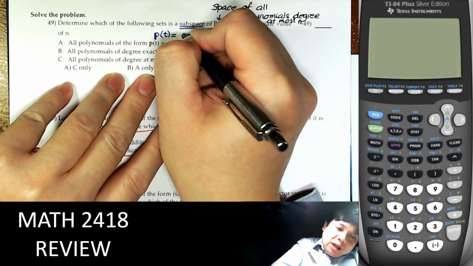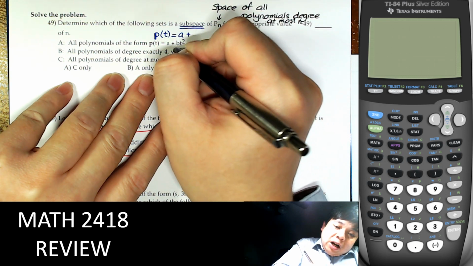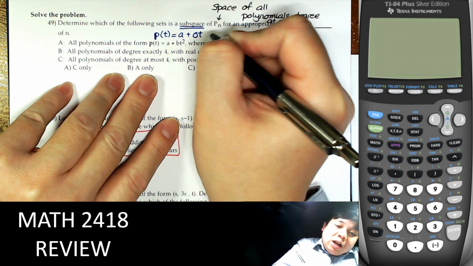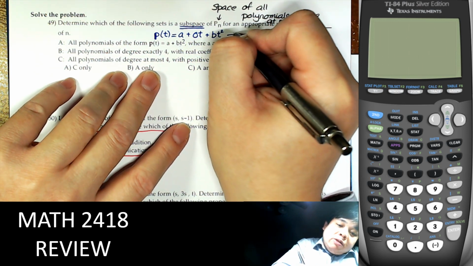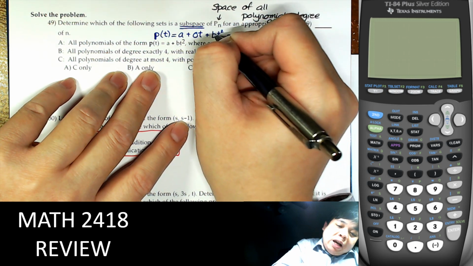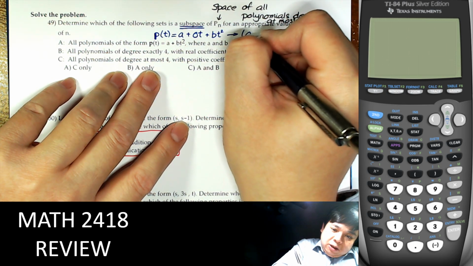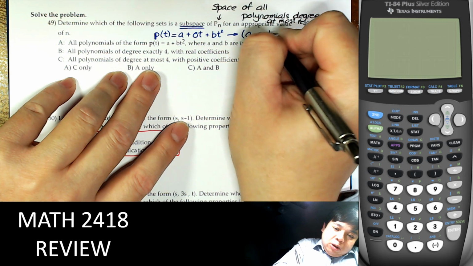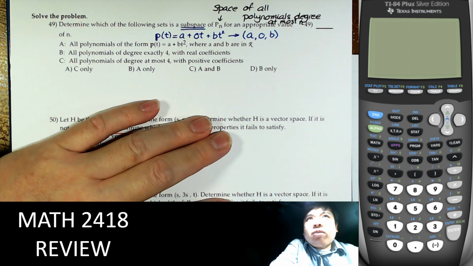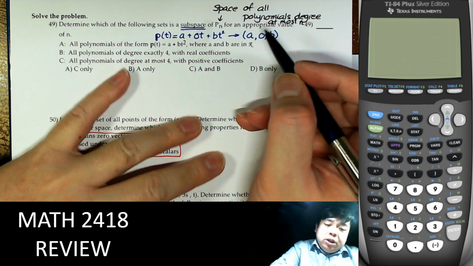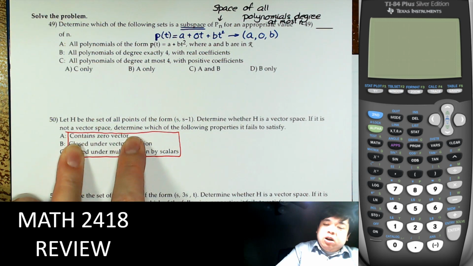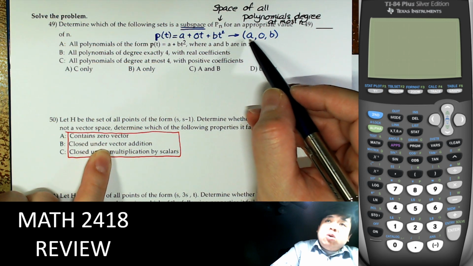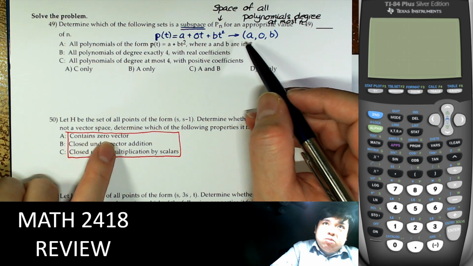There's no t, so we can write it like this. If we write this as a vector, we have coefficients a, 0, and b. So the set of all the vectors in this form. If we choose a to be 0 and b to be 0, the first property will be satisfied: it has the 0 vector.